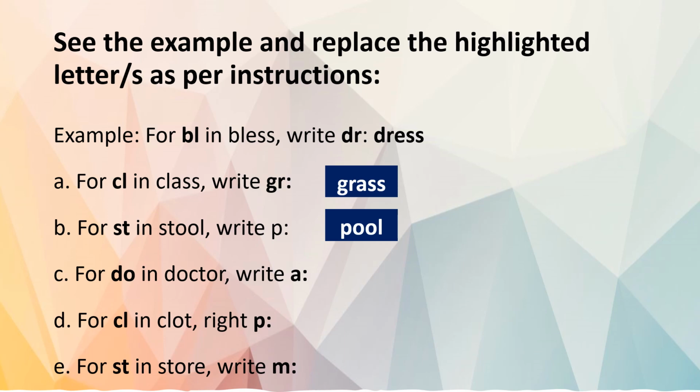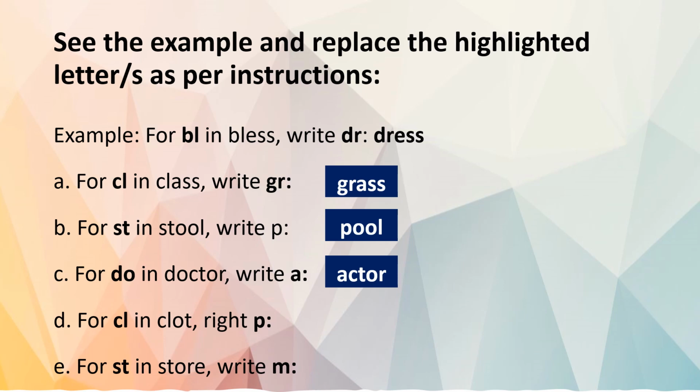If we remove the letters DO in doctor, and in that place we add a letter A, we'll get a new word, that is actor. So we remove letters DO, in place of DO we add letter A, so we got a new word, that is actor. We'll move to the next one.